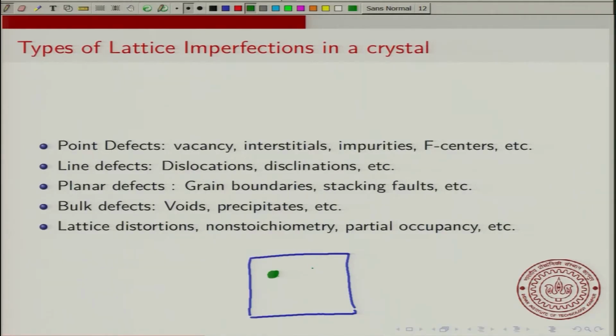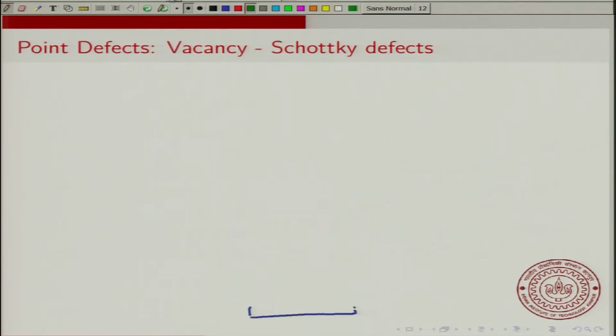I will do a few examples of very well known point defects that you might also be familiar with. The first one is the Schottky defect.